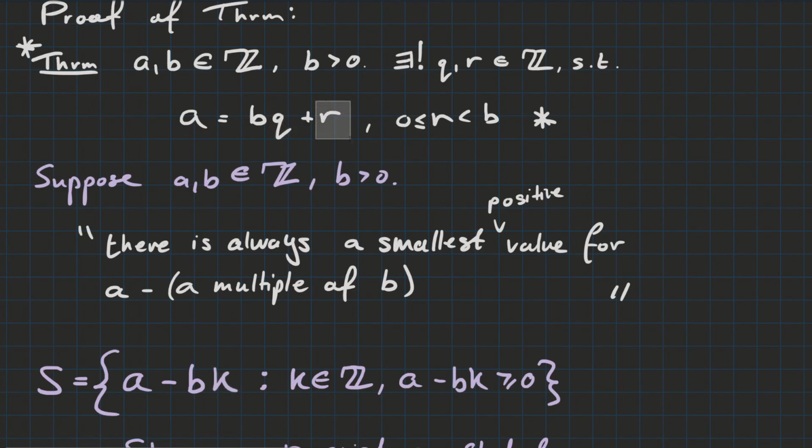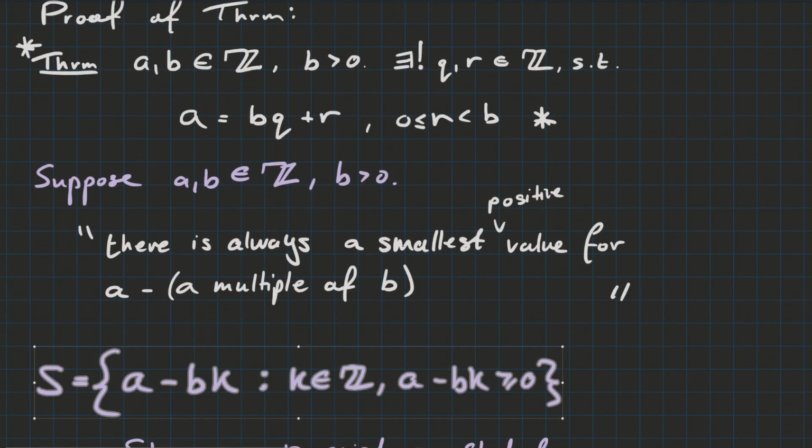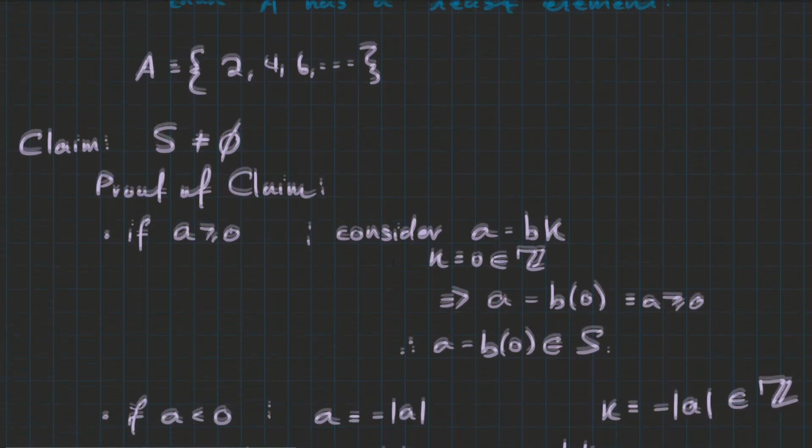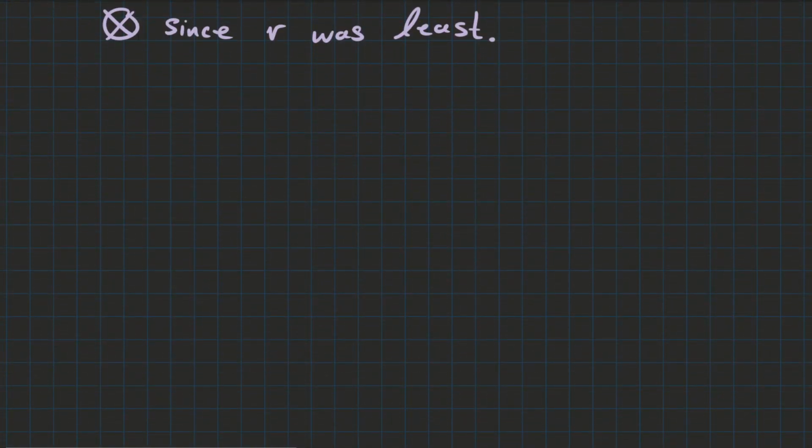And it turns out that R is actually less than B by the construction of that set, and of course non-negative. So what's left? Well, uniqueness, and it's pretty easy. Okay, it's not wildly easy, but still worth discussing. But it is uniqueness.